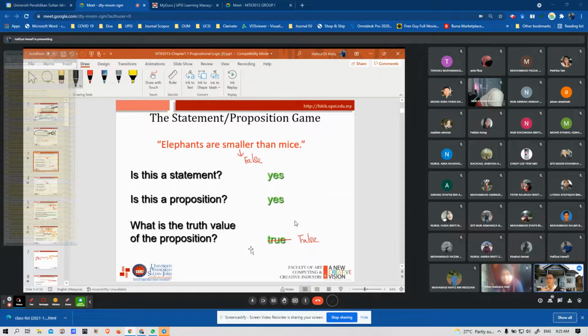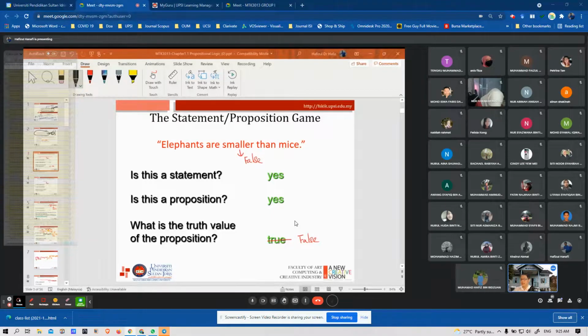Okay, for example, why do we need the statement earlier? Why must we have the statement? Because we want to describe the logical relationship.